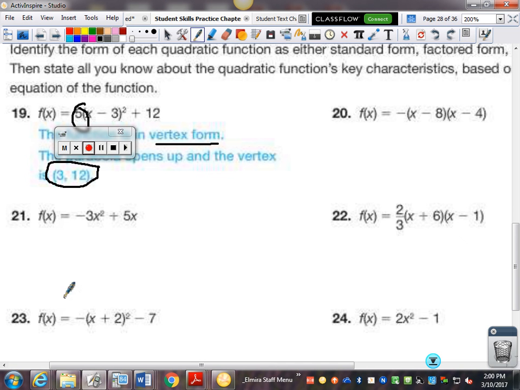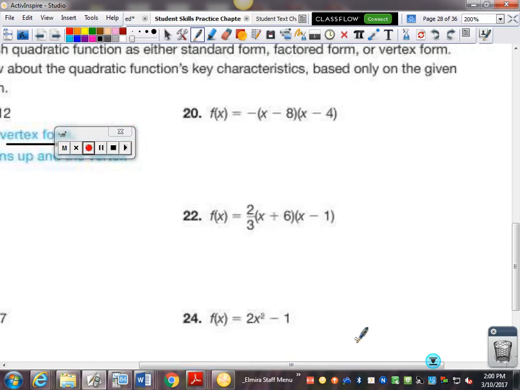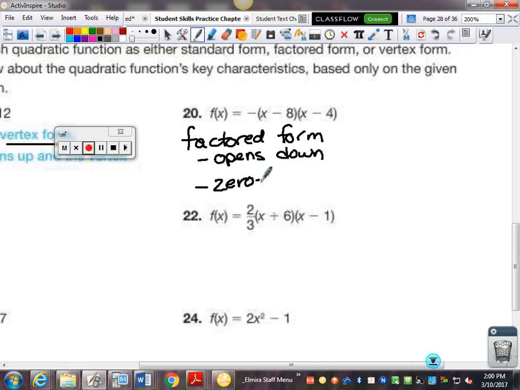So if I were doing number 20, I would say it is factored form. I can tell that it opens down. And I can tell that the zeros are (8, 0) and (4, 0).